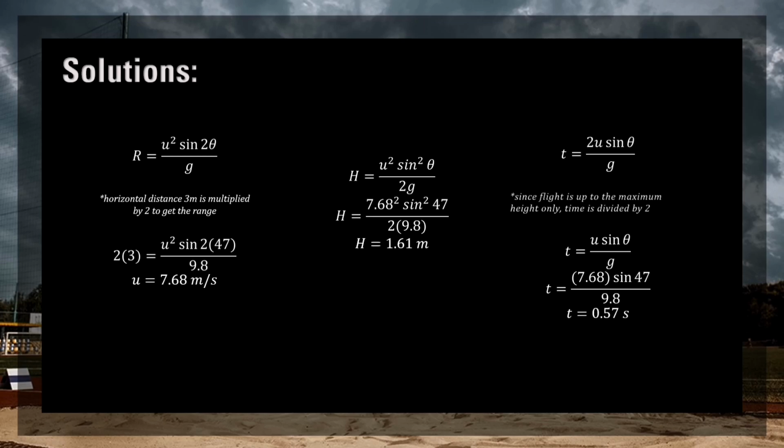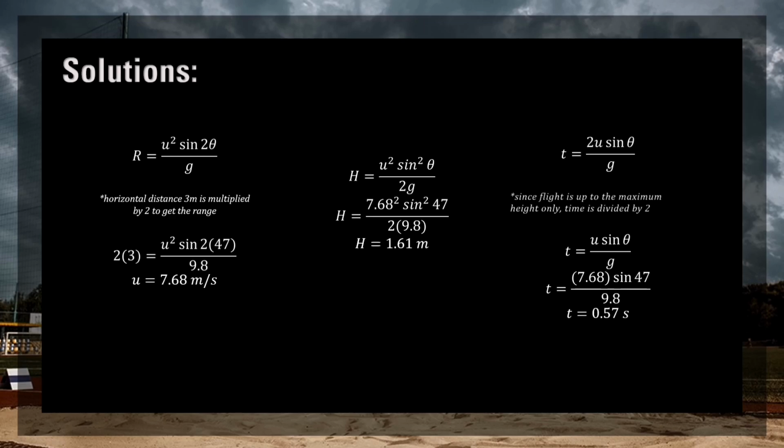The velocity would be 7.68 meters per second. The height will be velocity squared sine squared theta over 2g, which will become 7.68 squared sine squared 47 over 2 times 9.8. The height would be 1.61 meters.